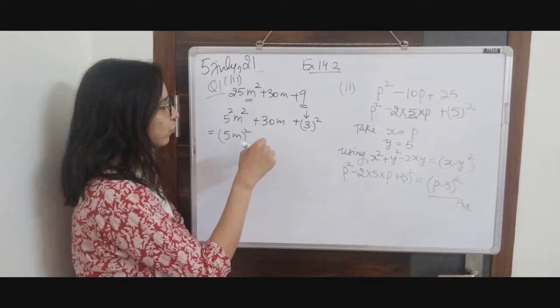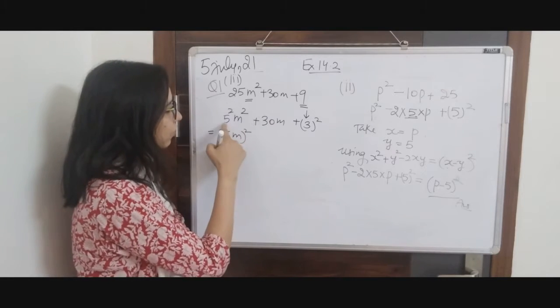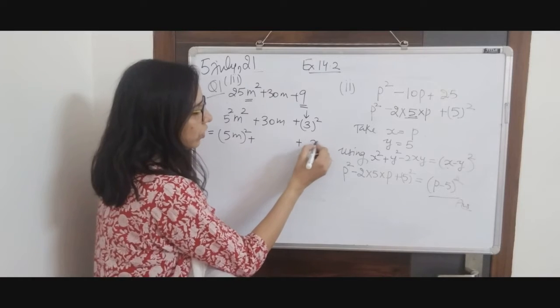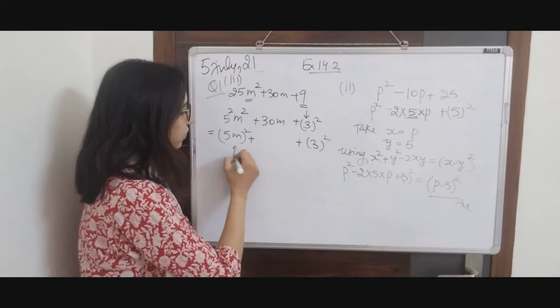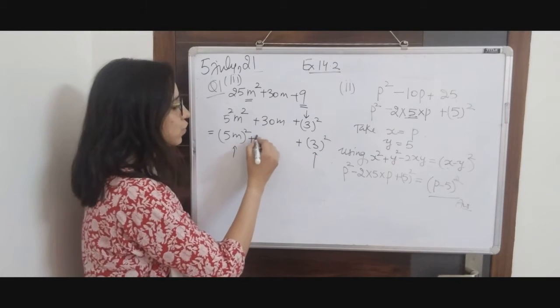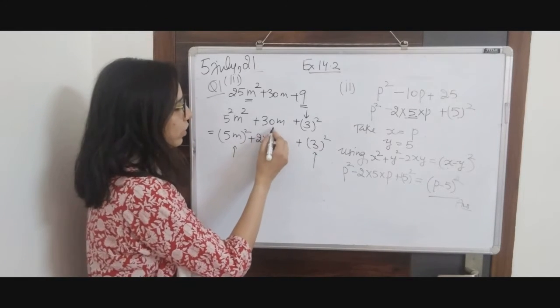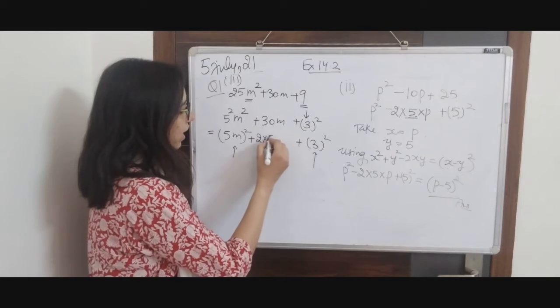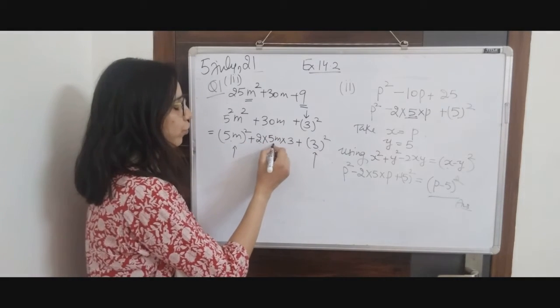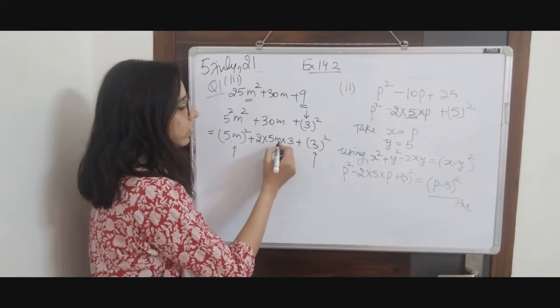Now in the next line, this is (5m) square plus it should be 2ab, 3 square. Your a is this, your b is this. So this is 2ab and it is 2 into 5m, this one, into 3. So 2 into 5 is 10, 10 into 3 is 30m.